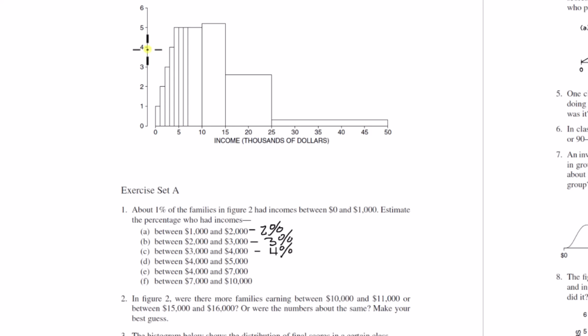Right? The height is 4. Between 4,000 and 5,000, that's this block. The height is 5, the width is 1. And between 7,000 and 10,000, the width is 3, the height is 5.